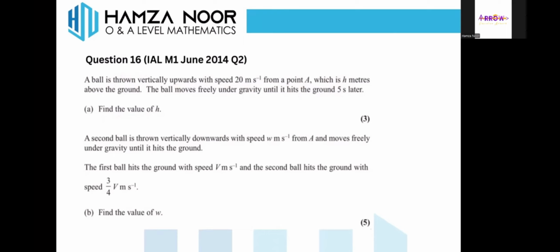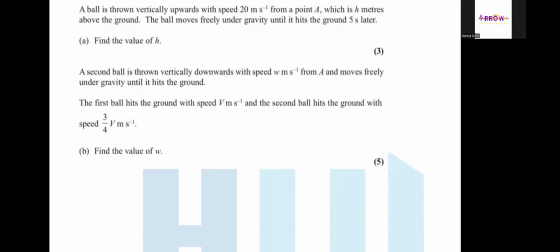First things first, we are going to make a sketch of all the information we have so far. We have a horizontal ground and point A is h meters above the ground. From this point a ball is released upwards with an initial speed of 20 meters per second.